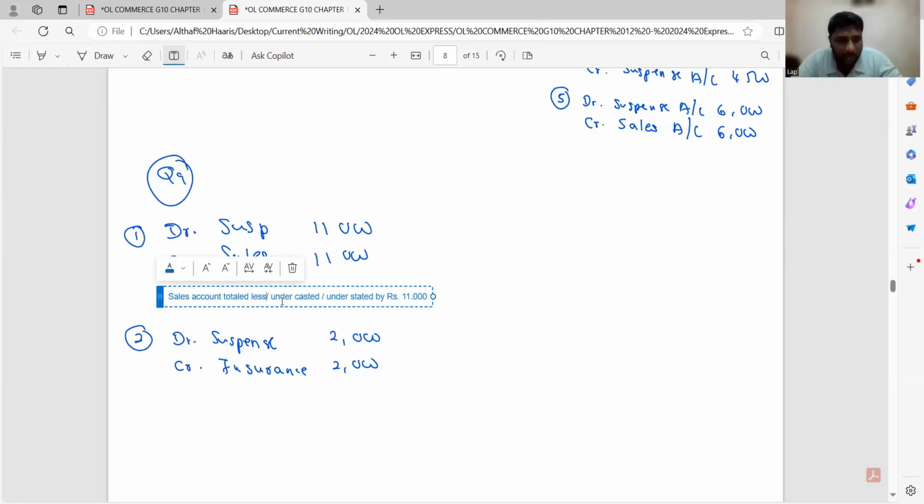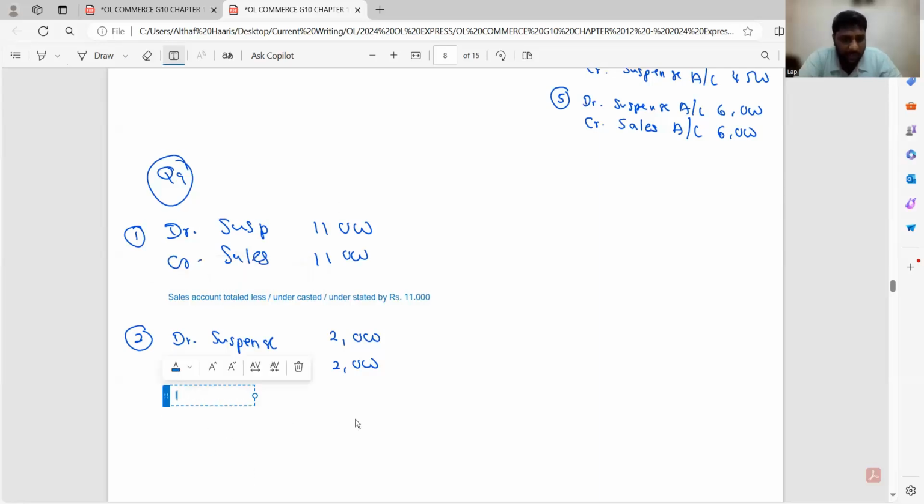Totaled less. So here the insurance account totaled more.